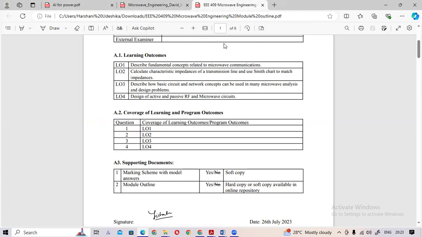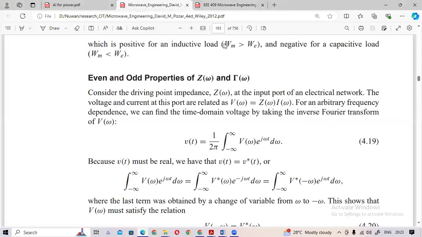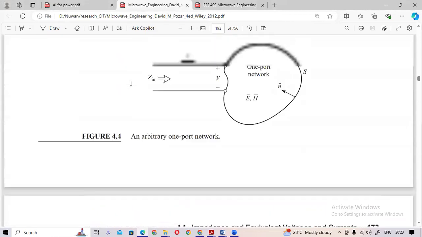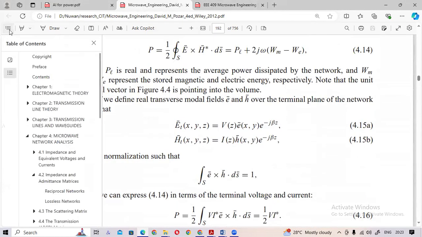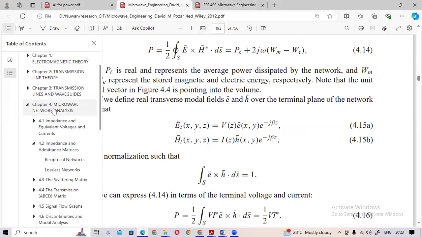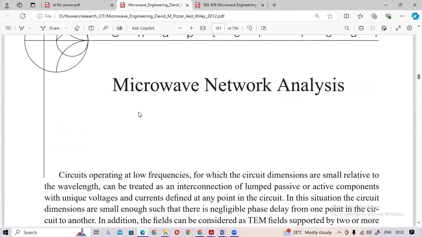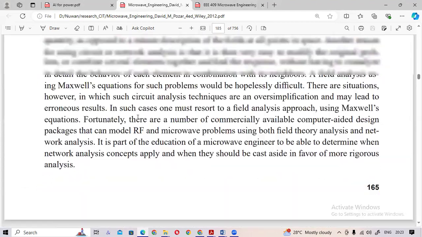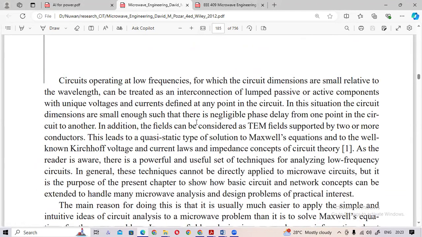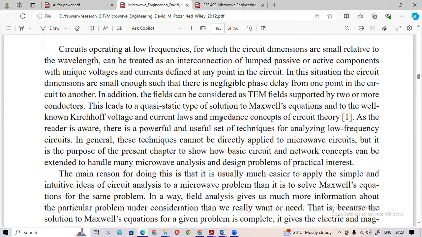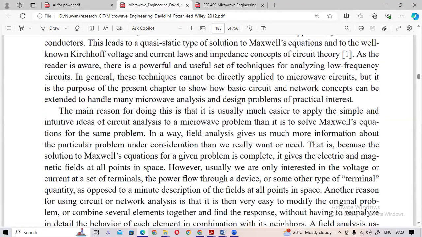So when we are analyzing microwave circuits, there are some special parameters that are important, and we need to focus on them. So we will move to chapter 4, that is microwave network analysis. There is some introduction, which you can read if you have time.